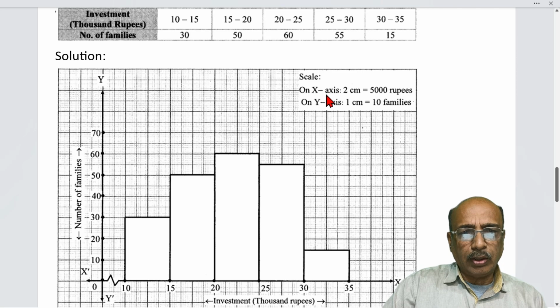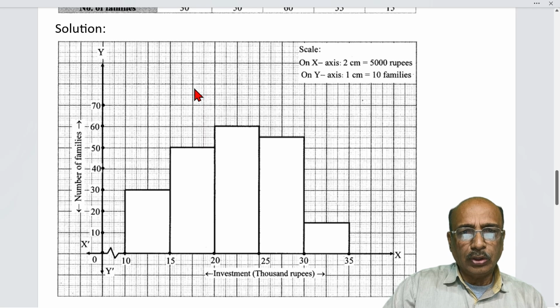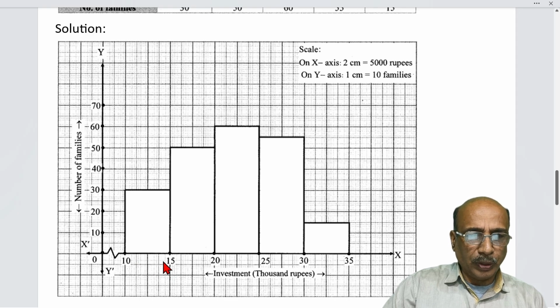Take the scale on the x-axis as 2 centimeter equals 5000 rupees. Why 5000 rupees? Because the class is from 10,000 to 15,000, as it is given in 1000 rupees. But here we don't write 5000, we write 10 to 15, meaning it is in thousands.